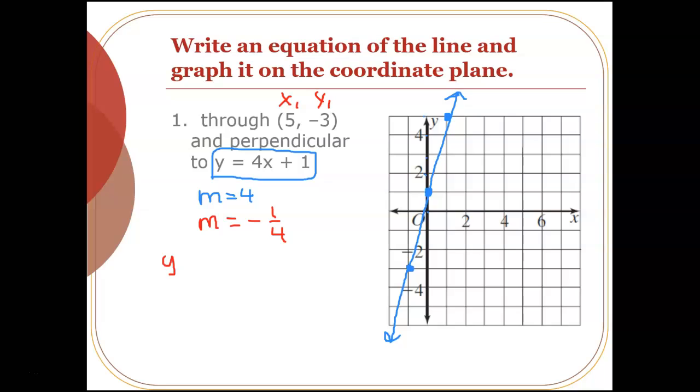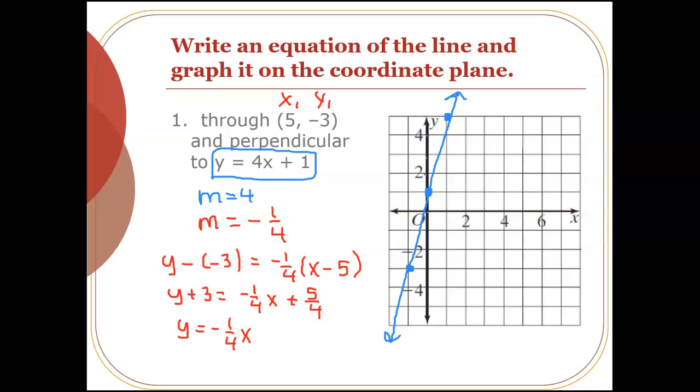So you get y minus y1 equals m times x minus x1. Simplify. So 5/4 minus 3 is the same as 5/4 minus 12/4. So you get negative 7/4.